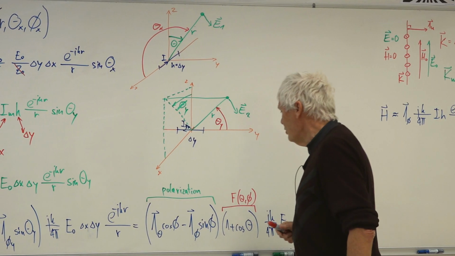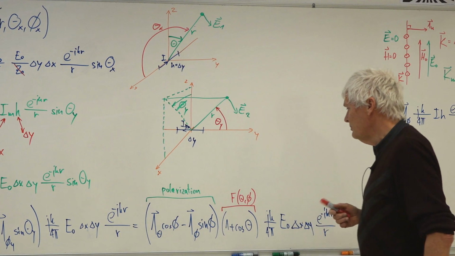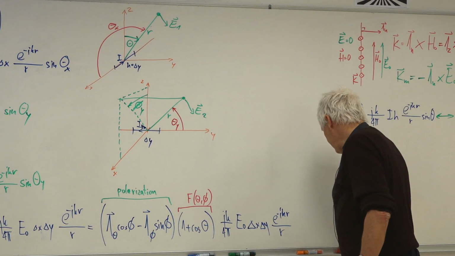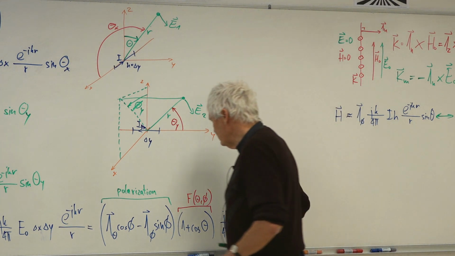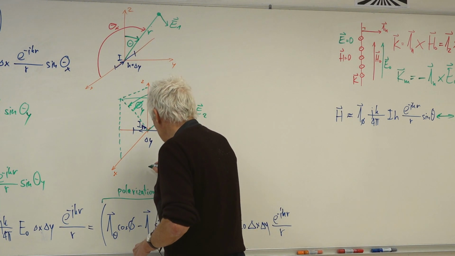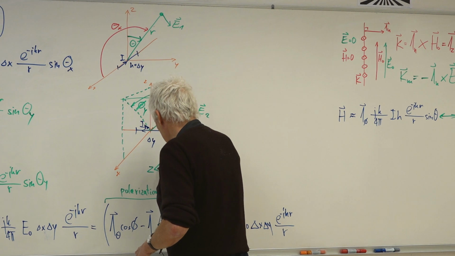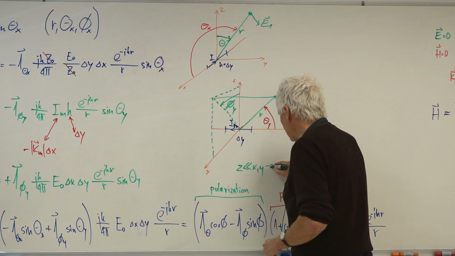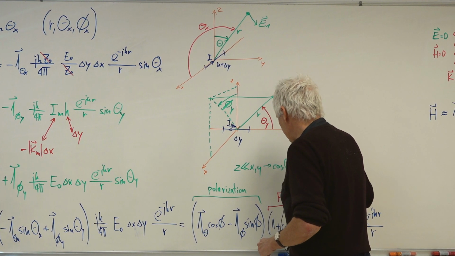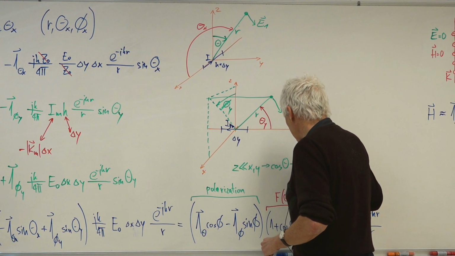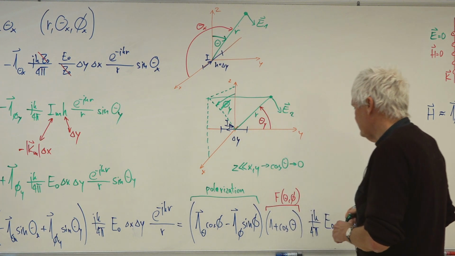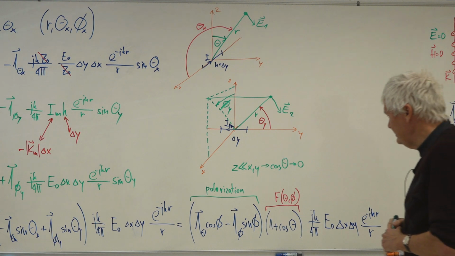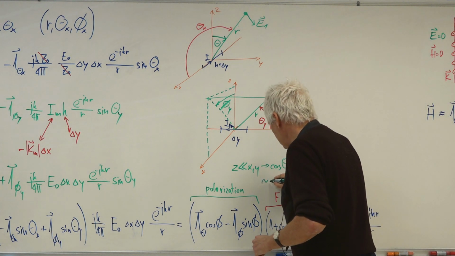Polarization. Where does the polarization point? When we are close to axis z, so when z is much smaller than x or y, then the cosine of theta is also very small. And if the cosine of theta is very small, then this thing simplifies to 1x.